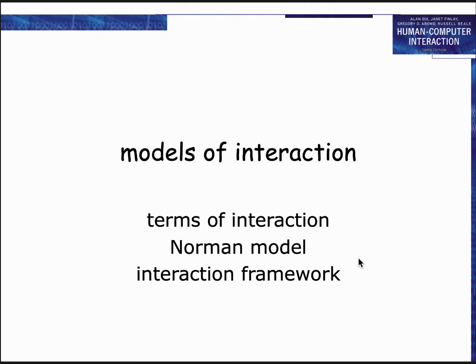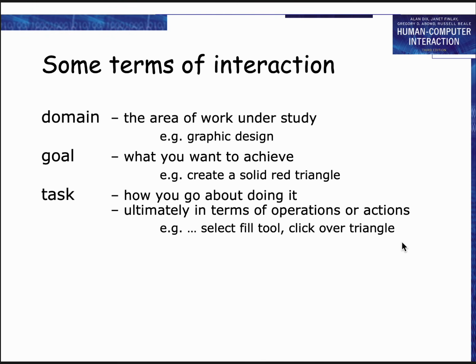Okay? Now, to better understand, we have here some subtopics which include terms of interaction, the Norman model, and of course the interaction framework. So let's start first with the terms of interaction.